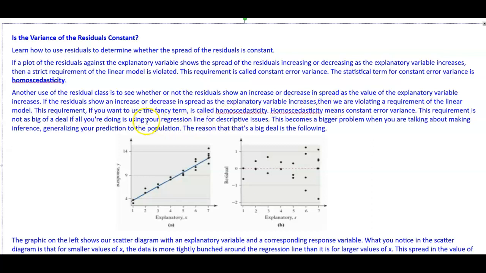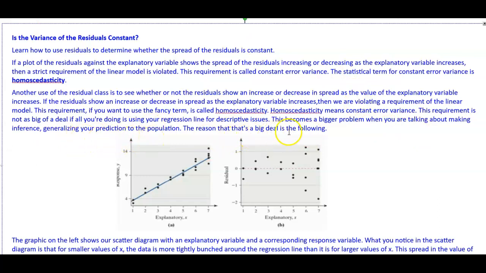This requirement, if you want to use the fancy term, is called homoscedasticity. Homoscedasticity means constant error variance. This requirement is not as big of a deal if all you're doing is using a regression line for descriptive issues. This becomes a bigger problem when you're talking about making inference, generalizing your prediction to the population.